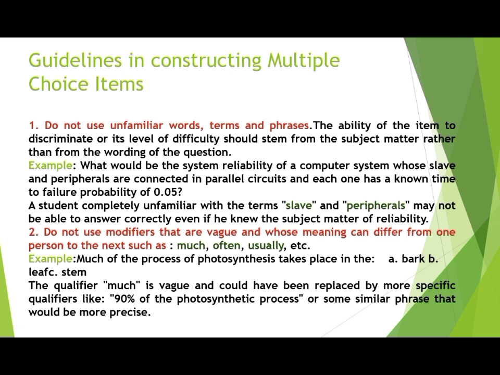The qualifier much could have been replaced by more specific qualifiers like 90% of the photosynthesis process or similar phrases that will be more precise. So, mas dasig mabalaan kay may ginbutang nga much nga modifier.